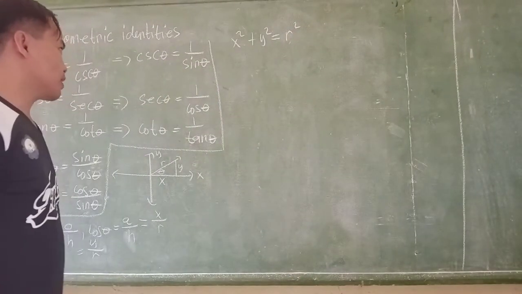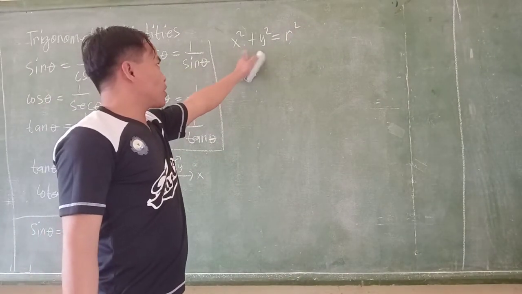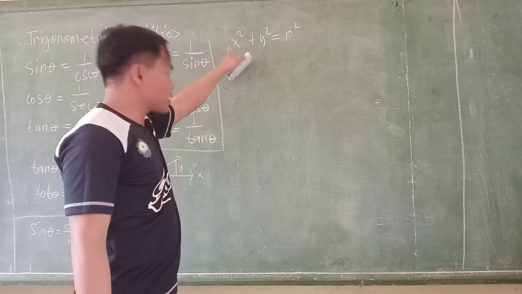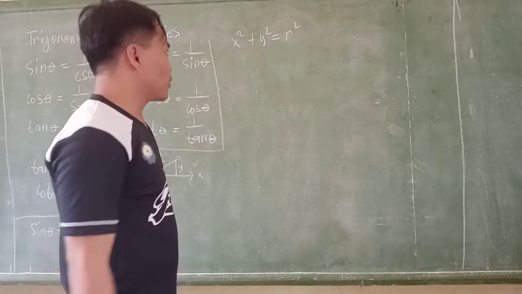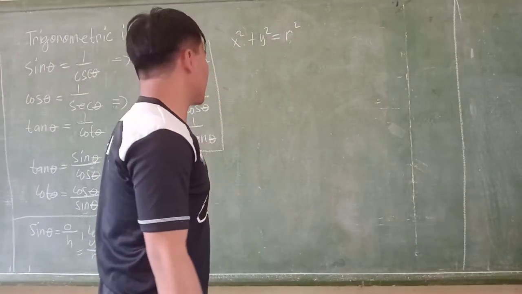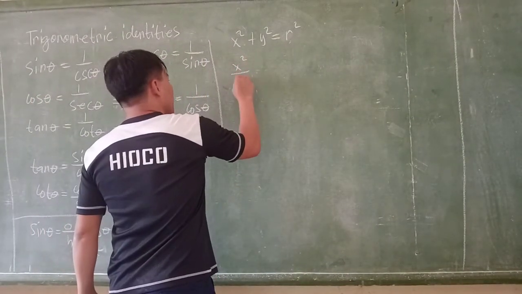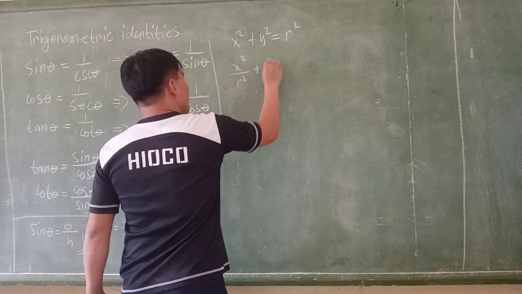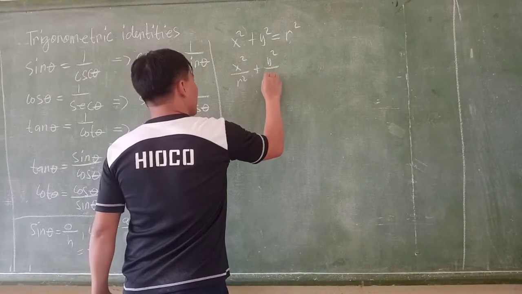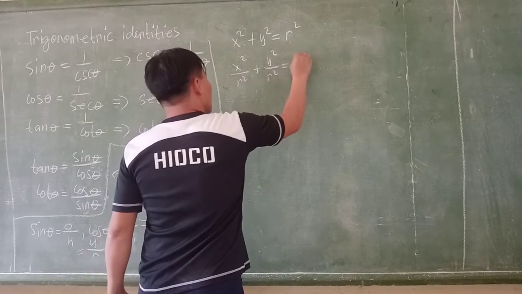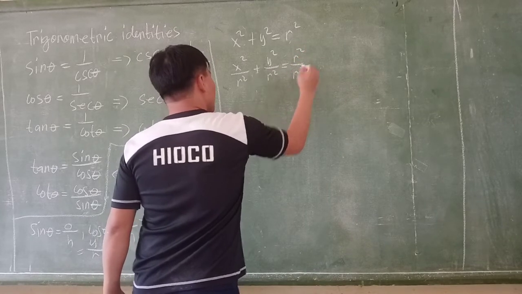From this formula, we can divide each term by r squared to get the first identity. So we have x squared over r squared plus y squared over r squared is equal to r squared over r squared.